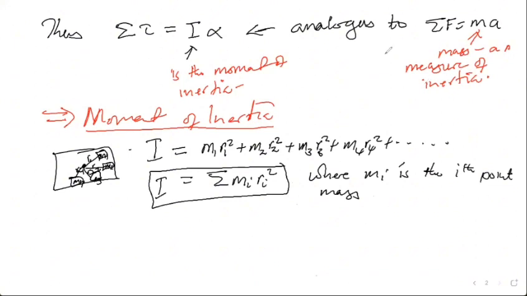Okay, so this is how we determine the moment of inertia. Now, for this particular course, we will not be using this formula to determine the moment of inertia per se. Rather, we will be given the expression for the moment of inertia for a number of shapes that we shall encounter in this course.